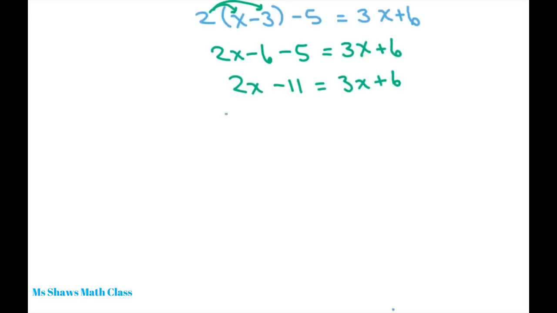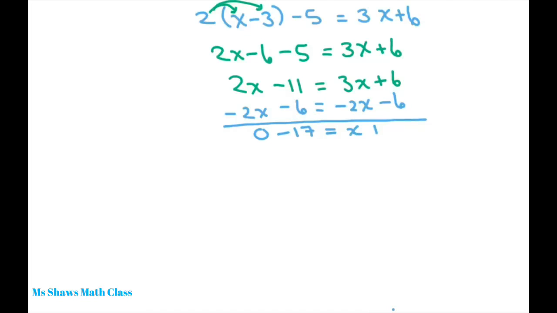I'm going to use my subtraction property of equality, both here for the x's and the constant. So we get 0 minus 17 equals x plus 0. So basically we have x equals negative 17. And you can write the solution set like that.